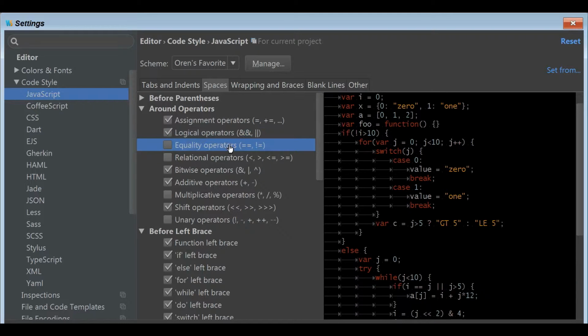Equality operators. Now this is interesting. I treat equality operators much like I treat the multiplicative operators, because just like in algebra, they kind of group themselves together. They're the first thing to actually compute. So in this case we know that i double equals j ends up resulting in a Boolean.